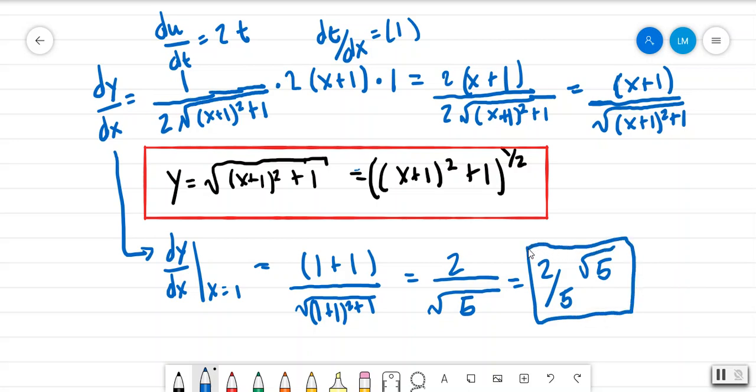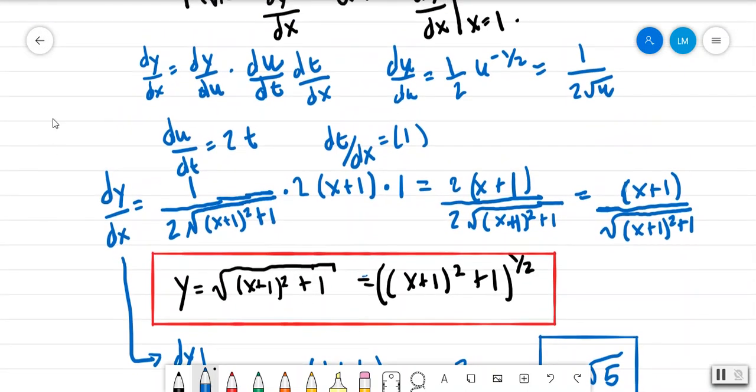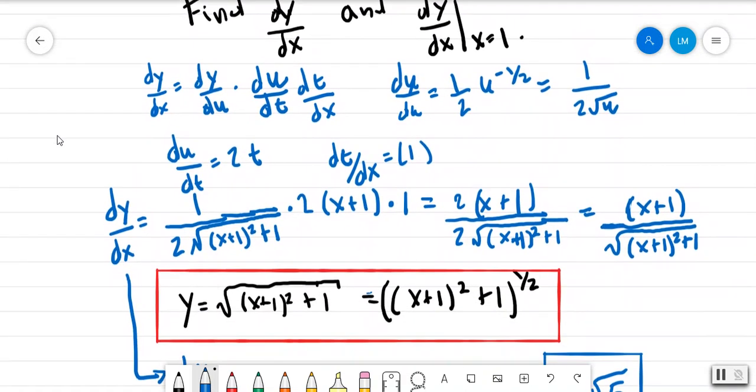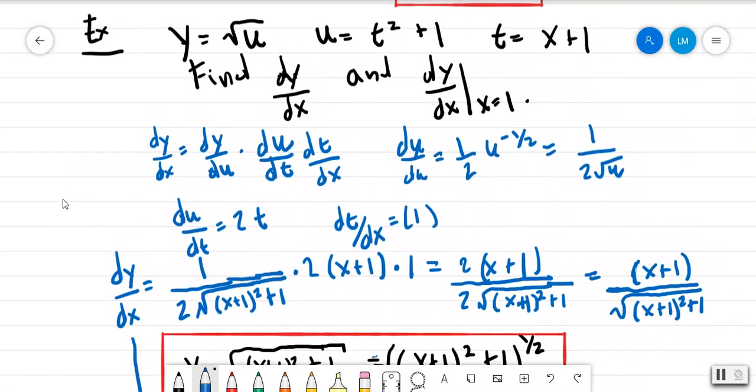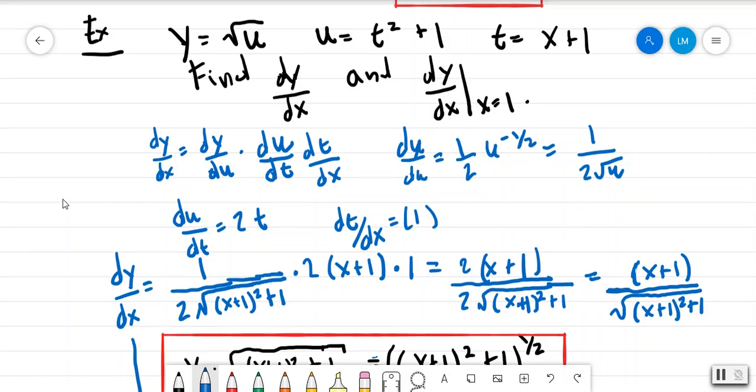Now, one thing you can say is that if you didn't need the derivative of each one of these, you could have just figured out what u is and what t is. So t is equal to 2, but u is equal to 5, and you're actually just plugging 5 into dy/du.